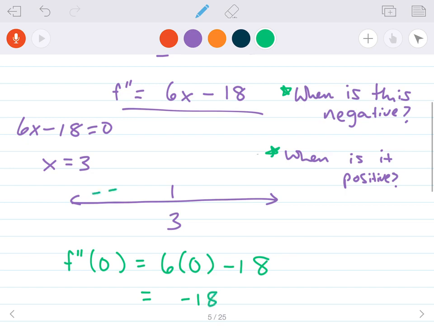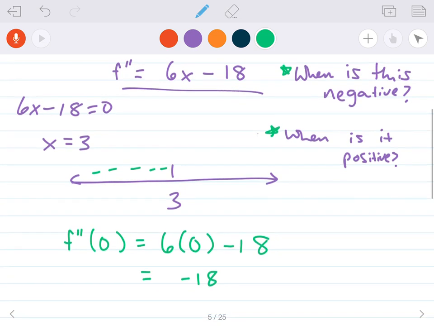This is going to be negative. And then let's look to the right of 3 and plug in something. How about 4? So we get 6 times 4 minus 18, and this is going to give us a positive number, 6. This is going to be positive.